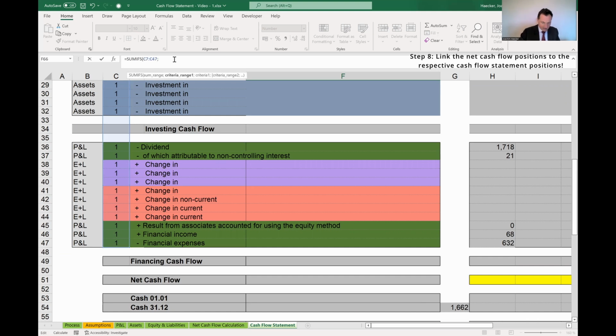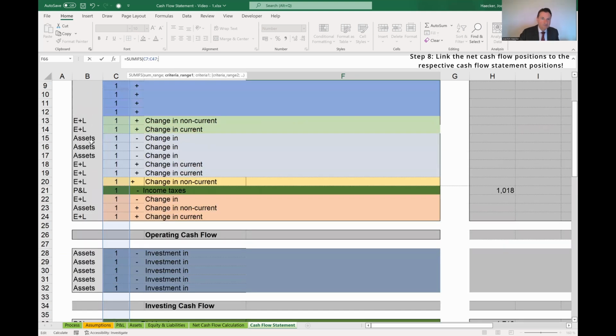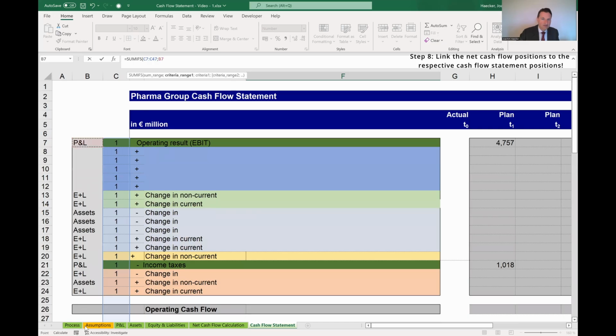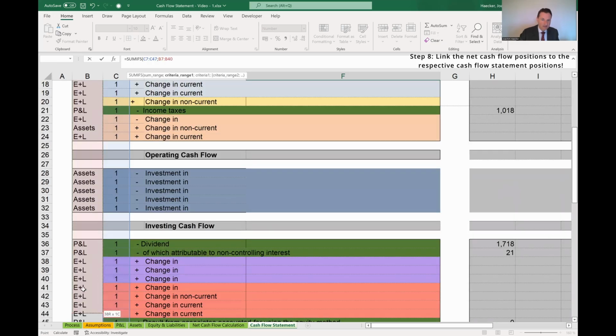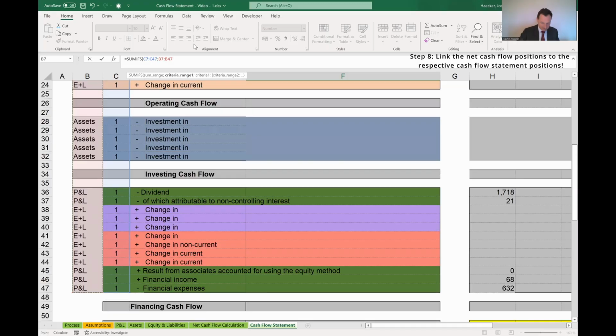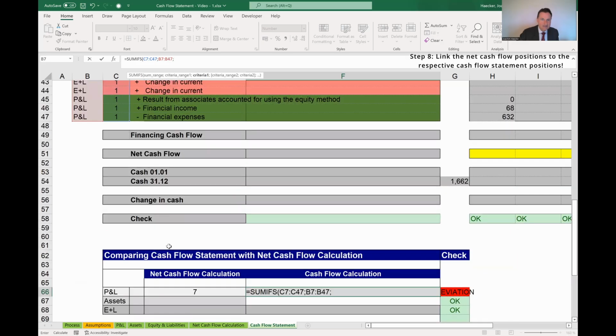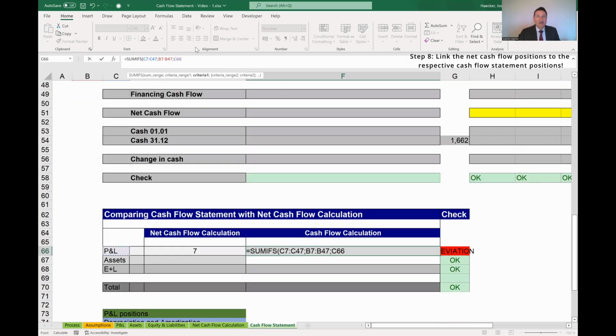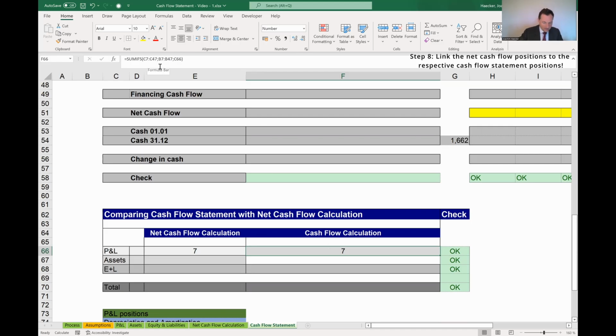And then I connect it to my words P&L, balance sheet, assets or equity and liabilities. And of course, I need to link it to, in this case, P&L and say, give me all the figures that show a P&L, press return, and here we go. I see this is 7. Just to make sure I can pull it down later on, I just plug in specific dollars.